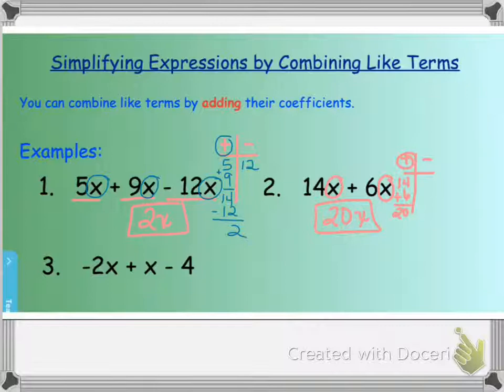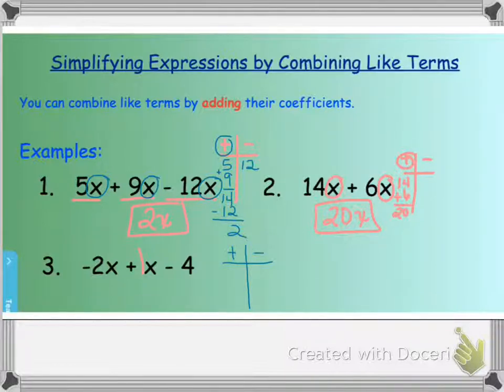Now sometimes you're going to have more than one thing that you have to combine. So you're going to have different terms, and you've got to think about whether or not they can go together. When I look at this problem, I've got negative 2x plus x minus 4. Now, when you have a variable all by itself, there's an understood 1 in front of that variable, because that means 1 times x, which is still just x.